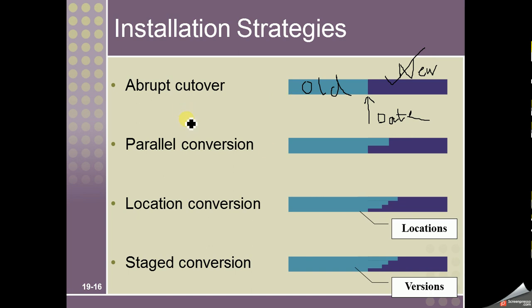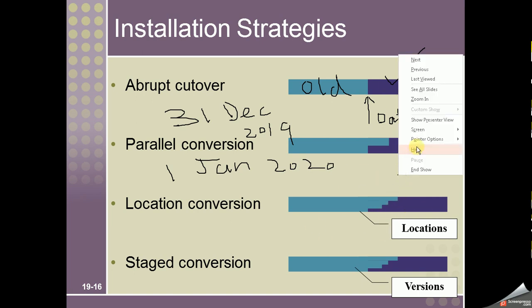Let's say till 31st December 2019, we are using the old system, and from 1st January 2020, we will start using the new system. So it is called abrupt cutover. Abruptly, we change to the new system, right?